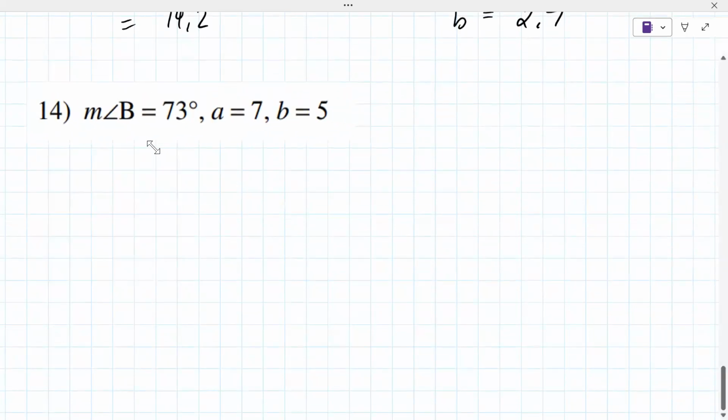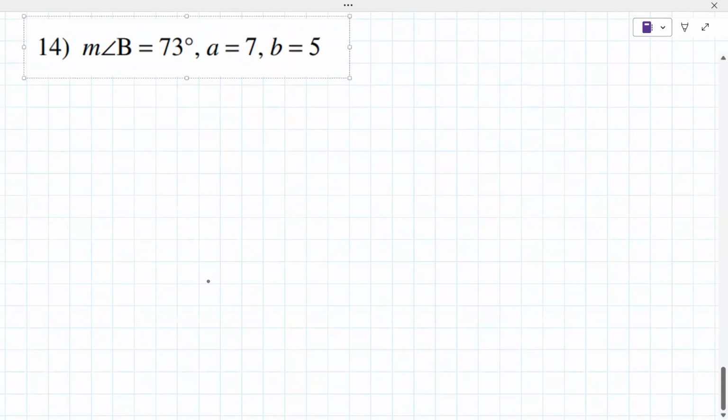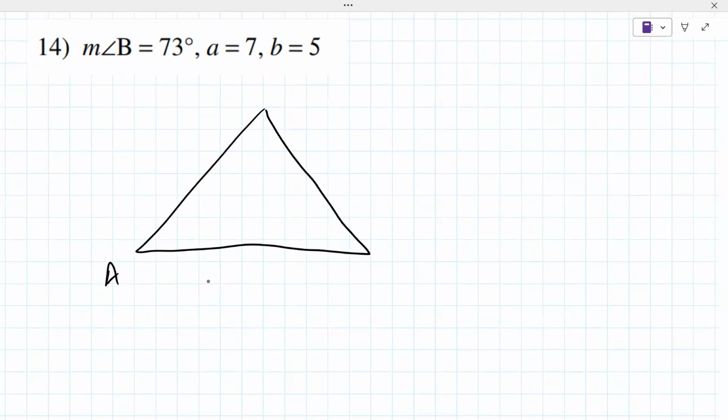And that's why they give you one that has two solutions, because they always give you one that has no solution to kind of average out to that. So if you draw the triangle again, A, B, C, 73, 7, 1, 5. Is this a law of sines or a law of cosines? As you kind of work it out there visually.